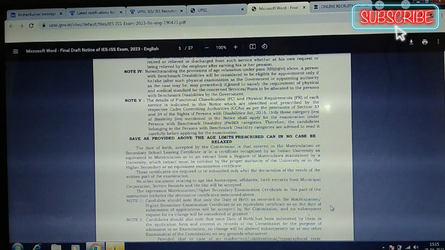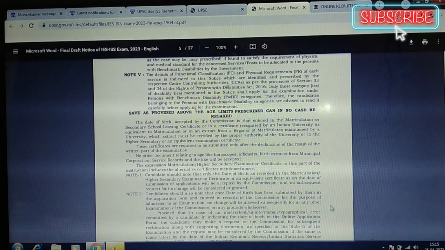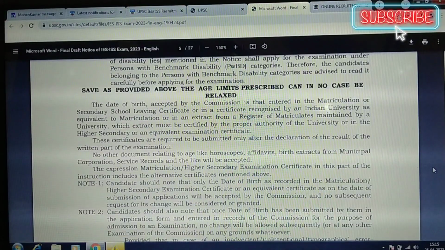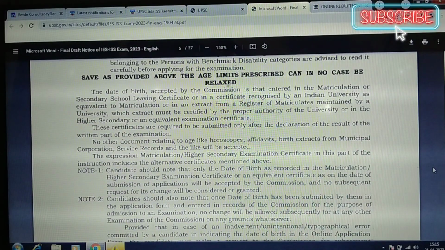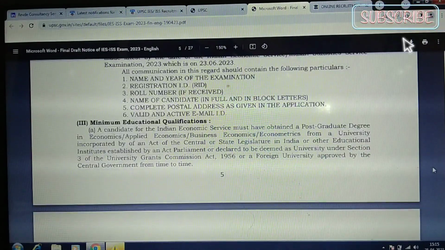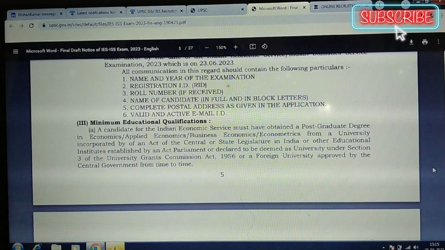That means 10 years age relaxation. Save as provided above, the age limit prescribed can in no case be relaxed.